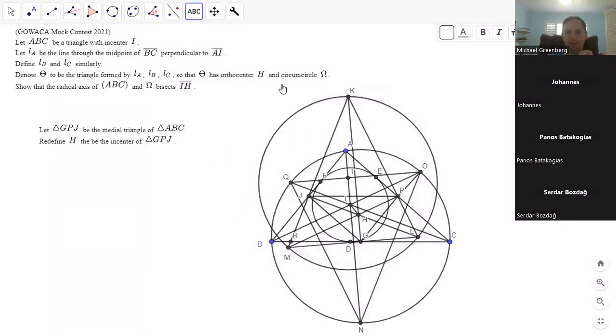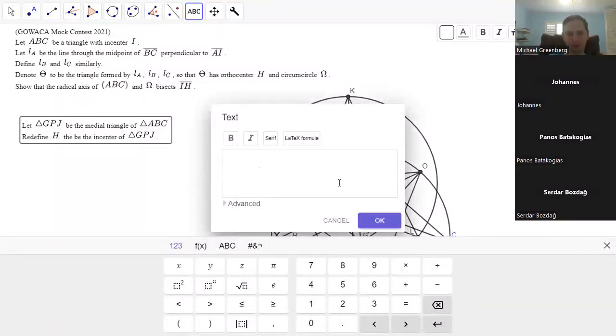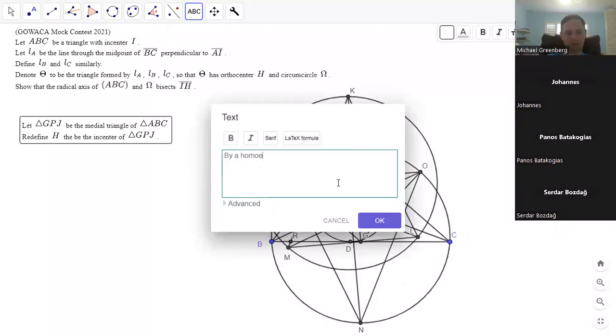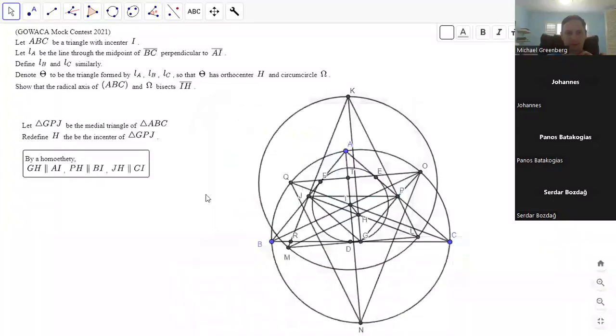And then because of these perpendiculars, by homothety GH is parallel to AI, and PH is parallel to BI, and JH is parallel to CI. And those, all three of those together.